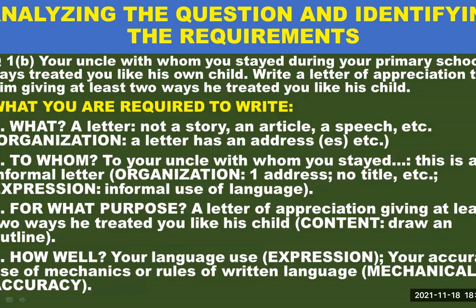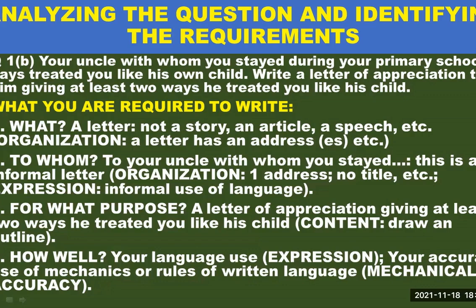Now, the next thing you must figure out is the purpose of the letter. For what purpose? You have been asked to write a letter of appreciation, giving your uncle at least 2 ways he treated you like his child. So that is the purpose of the letter. And then in getting your content right, you need to draw an outline.